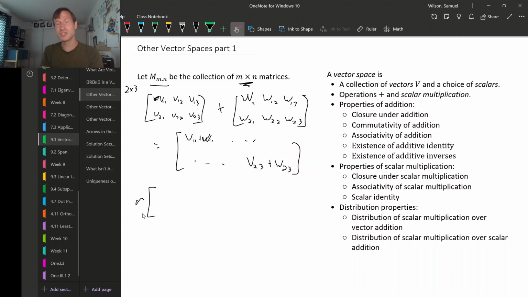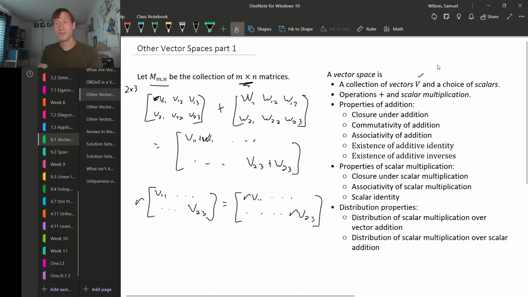By the same token, scalar multiplication for this collection Mmn will just be multiplying each entry by the scalar. So R times V11 down to R times V23 for this example. Okay, so that defines the collection of vectors.